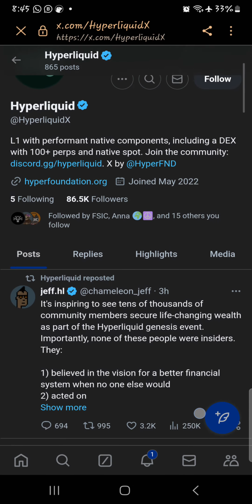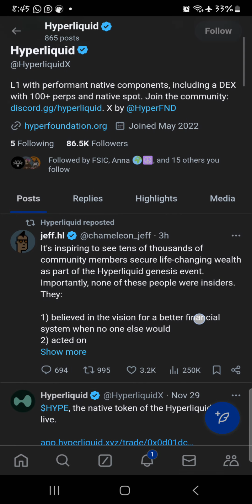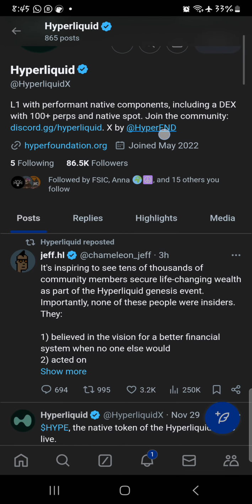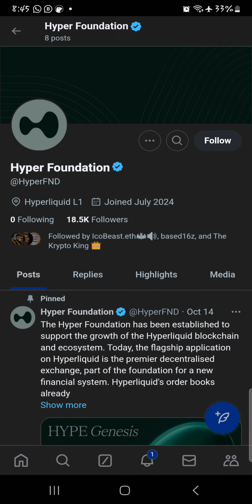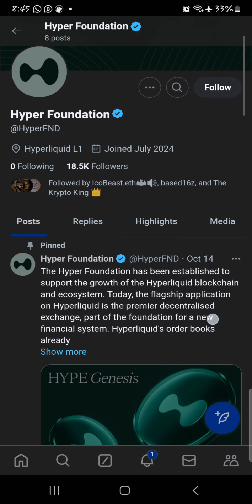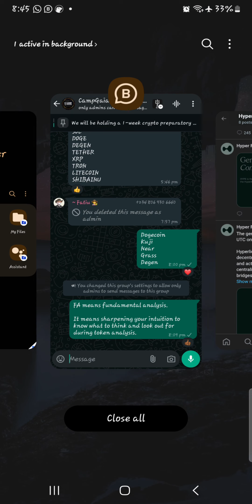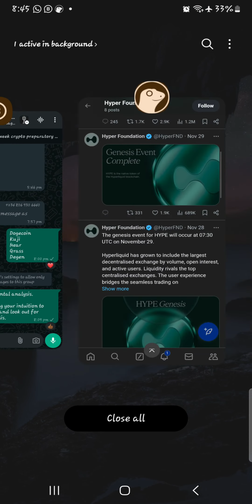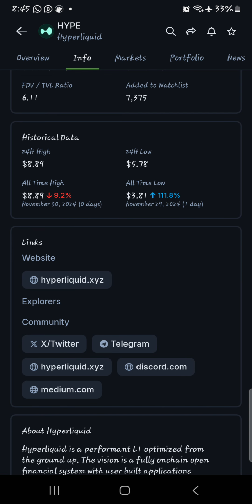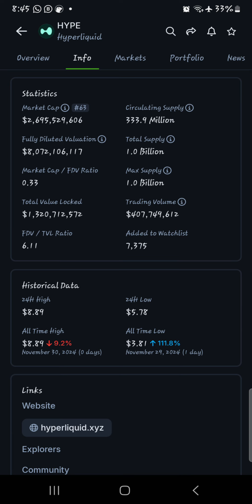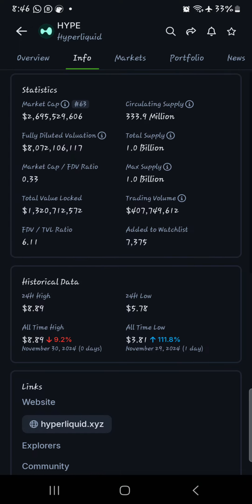I expect to see this project at over 10 billion unless something catastrophic happens, right? So at 10 billion, assuming the supply remains the same, of course, that gives, that's a lot.